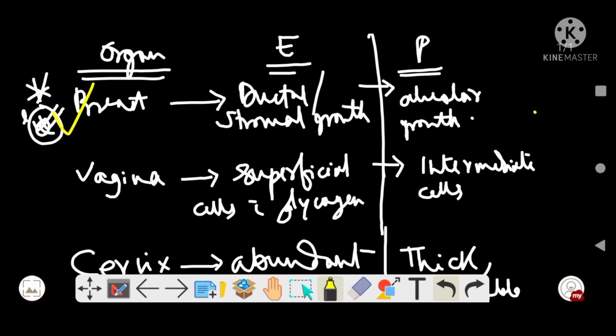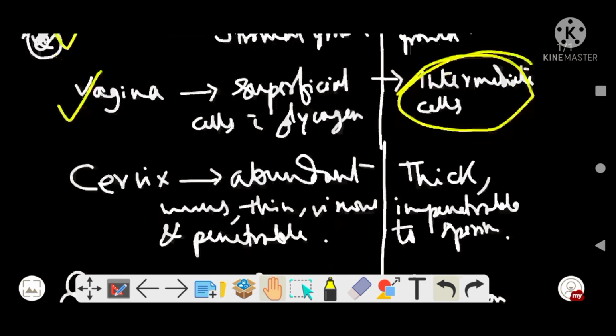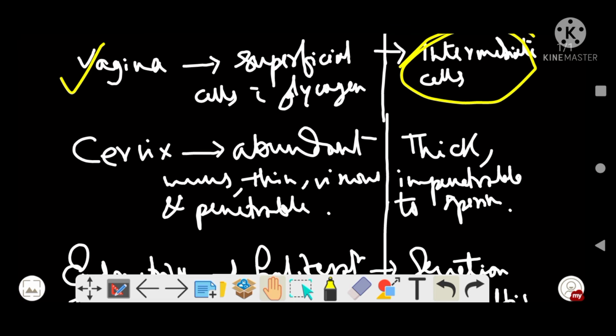In the vagina, estrogen supports the superficial cells, whereas progesterone supports the intermediate cells, right? In the cervix there is thin mucus which is abundant, viscous, and penetrable to sperms under the effect of estrogen. Under the effect of progesterone, the cervical mucus is thick and impenetrable.